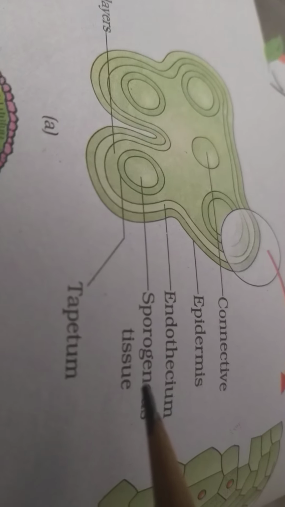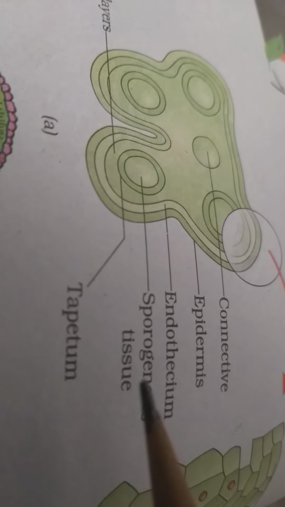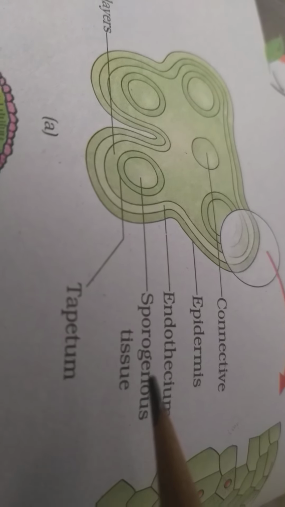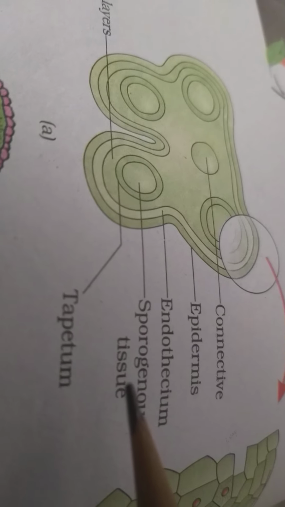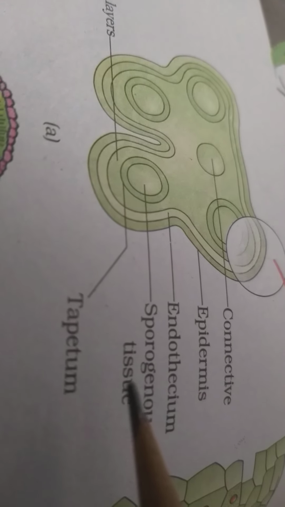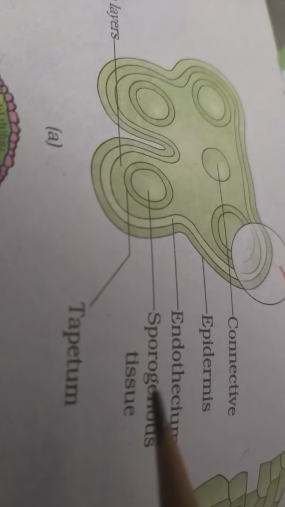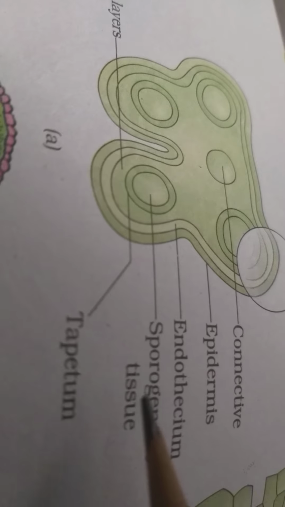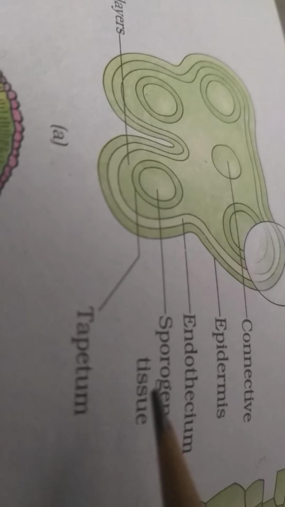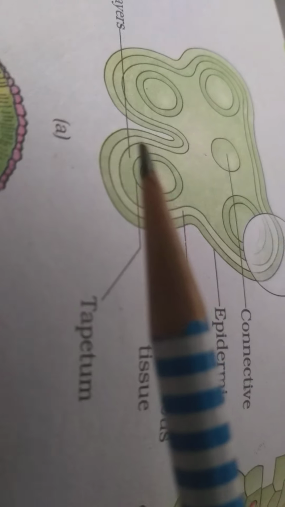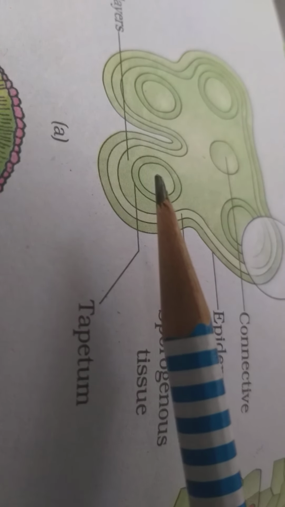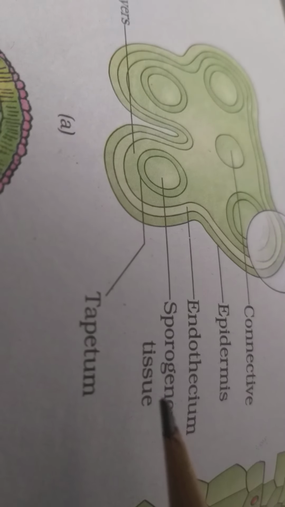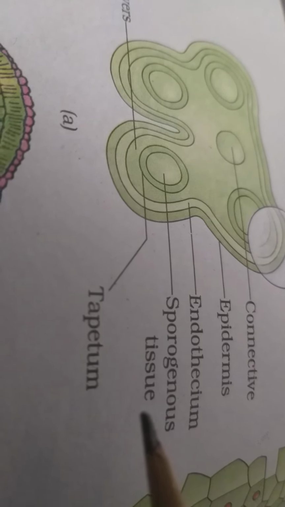Sporogenous tissue is a cluster of compactly packed homogeneous cells, and each cell is capable of developing a pollen grain. So sporogenous tissue occupies the center of each microsporangium.